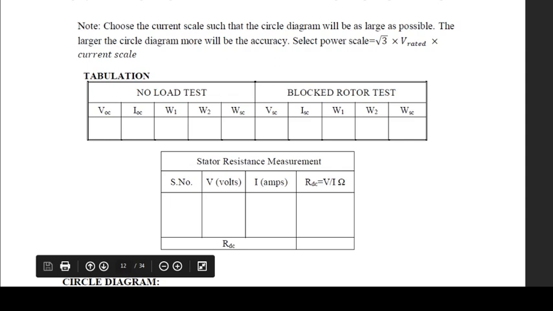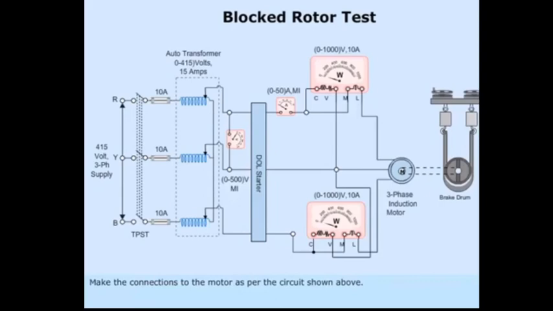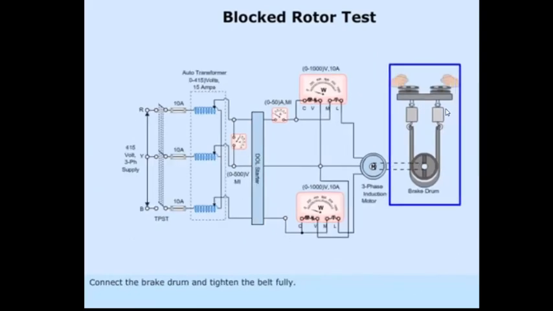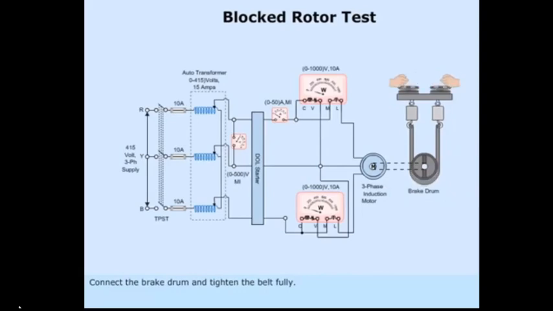So we are moving to the next part of our experiment, the block rotor test. After measuring the values, we move to the block rotor test. We are tightening S1 and S2, so this is our virtual load.